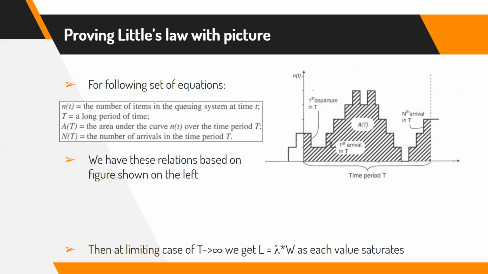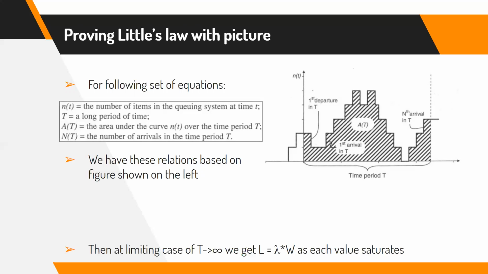Capital T is a long period of time. Small n(t) is the number of items in the queuing system at time step small t. A(t) is the area under the curve of n(t) over the time period T, and capital N(t) is the number of arrivals in the time period T.